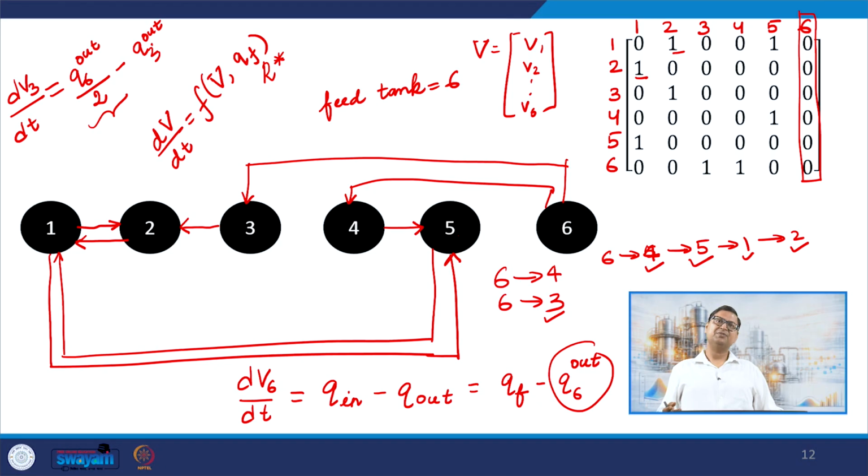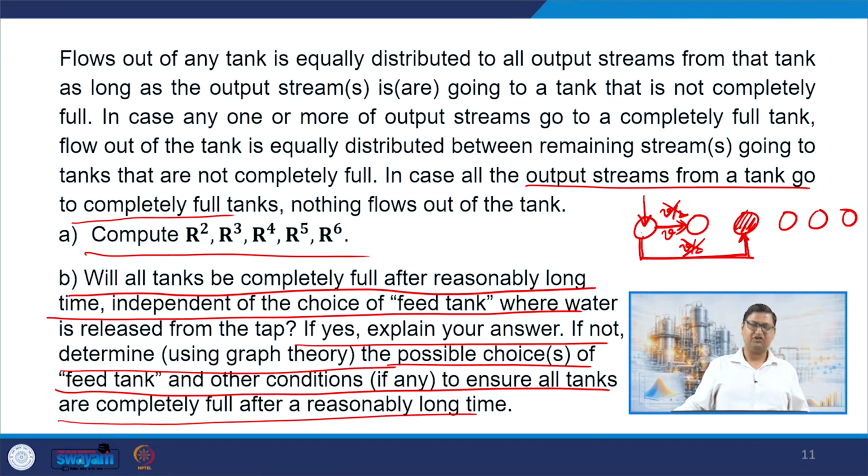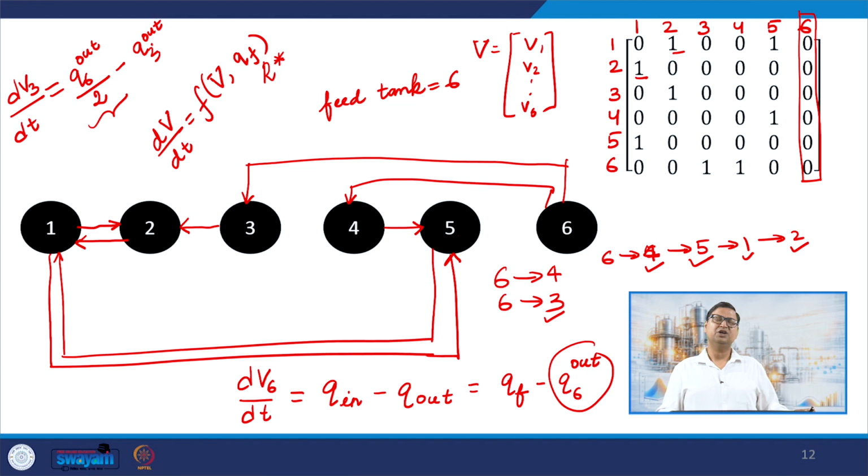Again, graph theory can help us figure out the precedence order for solving those equations, right? And what I have not done for this problem is compute R squared, R cubed, and so on. In fact, I can do that. In any case, I should do it to figure out R star, the reachability matrix, more formally. But you can do it yourself and convince yourself that 6 is definitely the good choice for the feed tank.